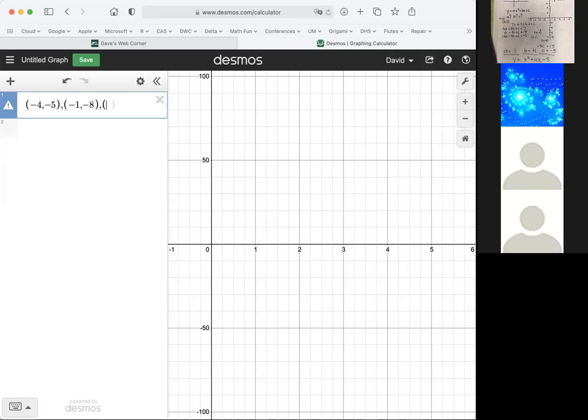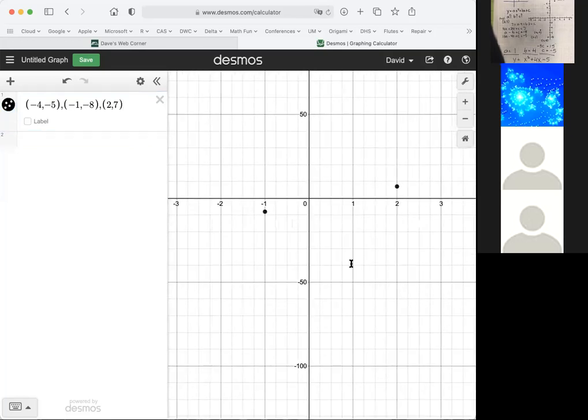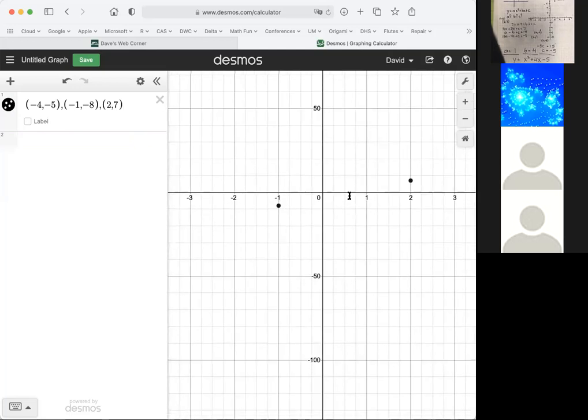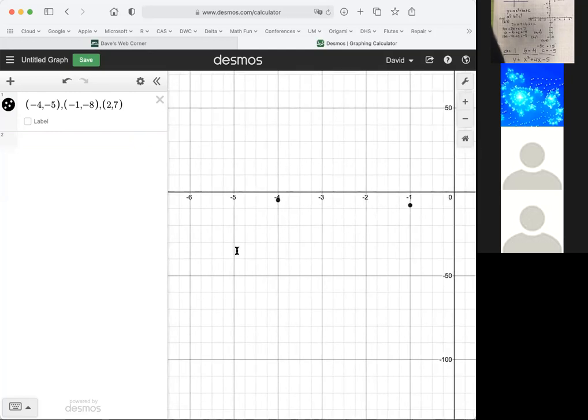Oops, need the parentheses. 2 comma 7. Sorry. I see the 2, 7, but what's going on here? I'm way off scale, right? It must be badly off scale. Where's the minus 4? Oh, it's way over there.